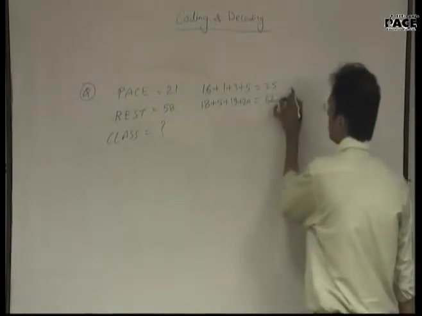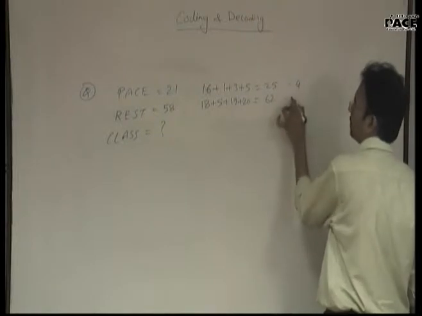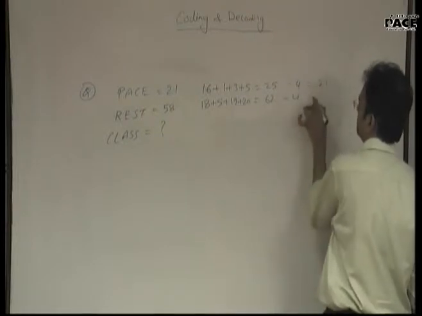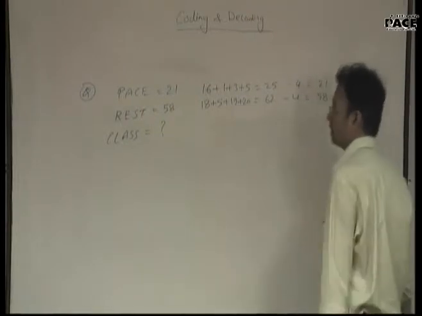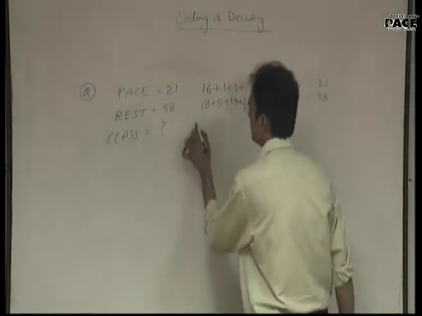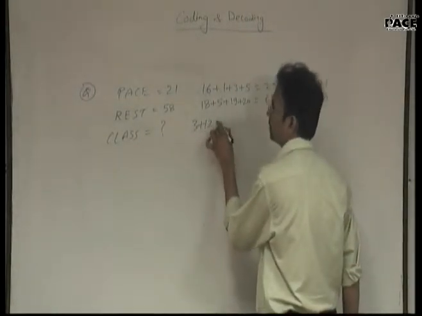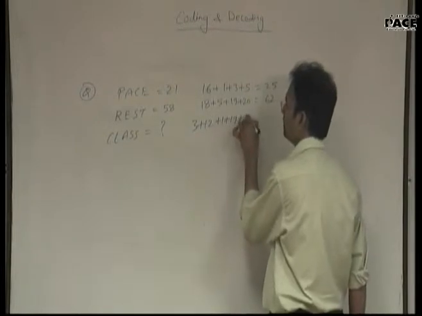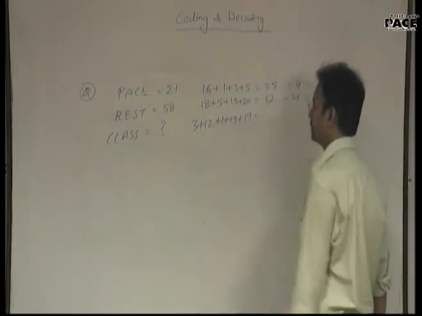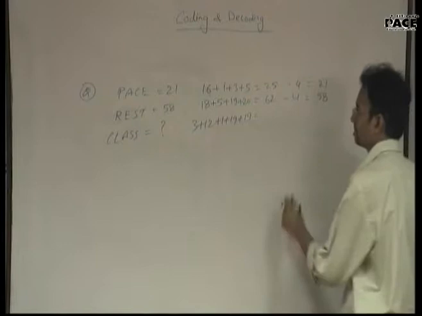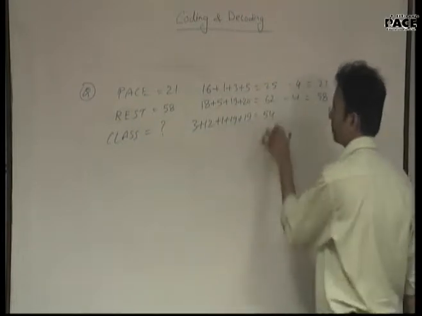Now, the difference we are getting is 4 and 4. So here we have 3 plus 12 plus 1 plus 19 plus 19, which gives us 54.